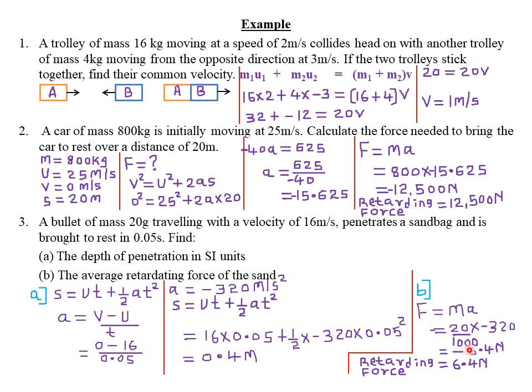Therefore, force will be equal to negative 6.4 newtons. Again, negative shows that it is a retarding force, or a force applied in the opposite direction. Therefore, the retarding force is equal to 6.4 newtons as our final answer.